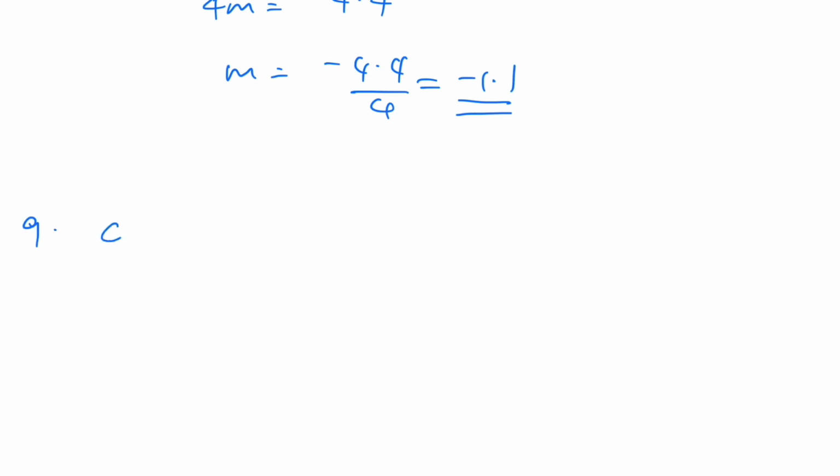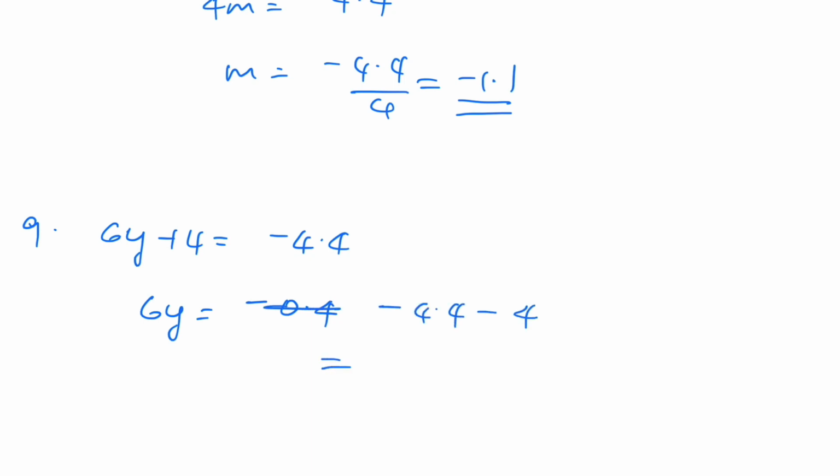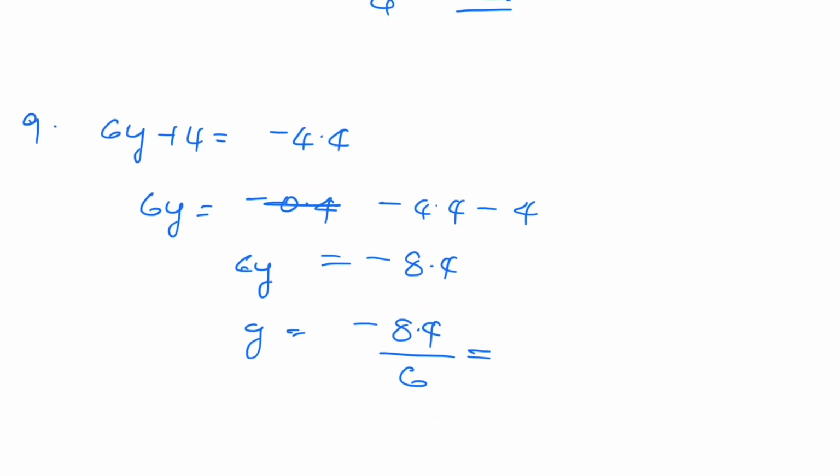Ninth one we have 6y plus 4 equal to 4.4. 6y is equal to 4.4 minus 4, no, it is minus 4.4 minus 4 will give you minus 8.4. So y is equal to minus 8.4 divided by 6 will give you minus 1.4.